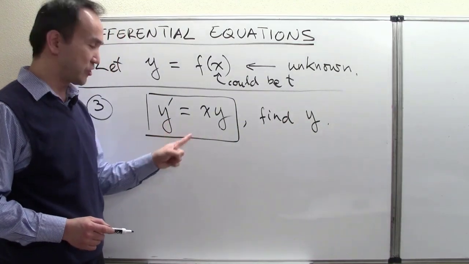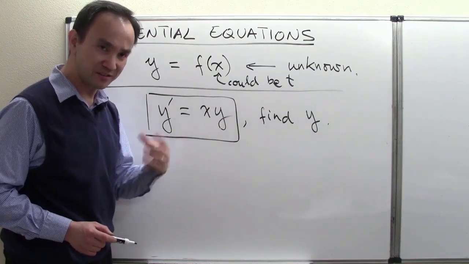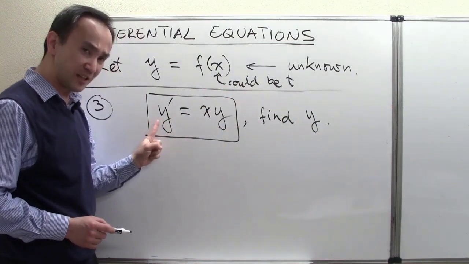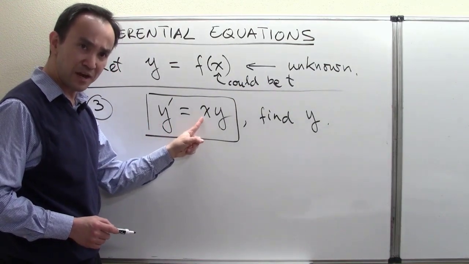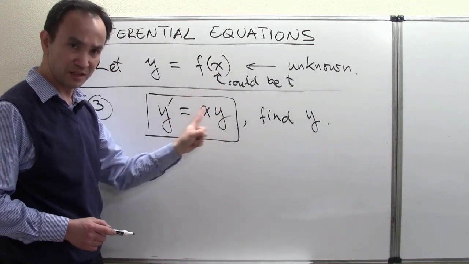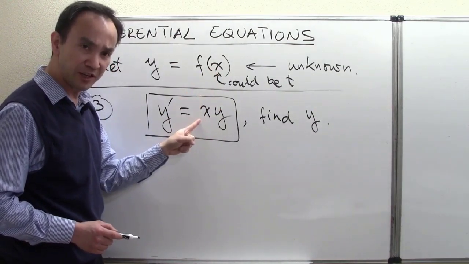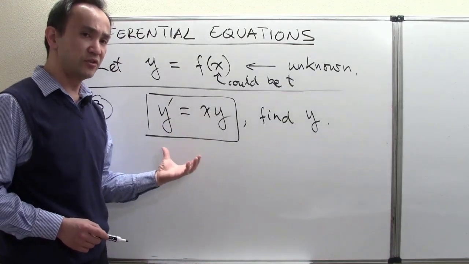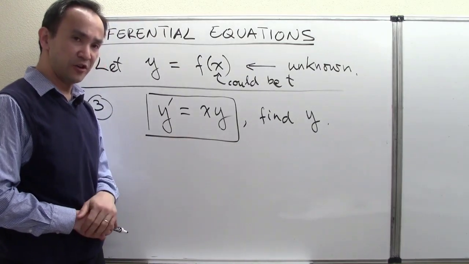In this equation, y is involved, similar to the earlier instance, and a derivative is also involved. There may be some expression in terms of the main input variable as well. That's another instance of a differential equation. So this is a differential equation.